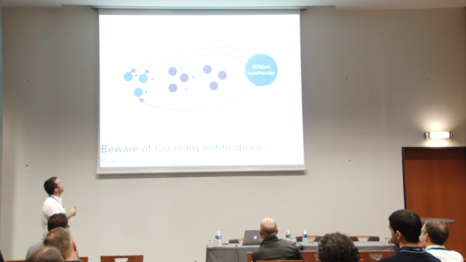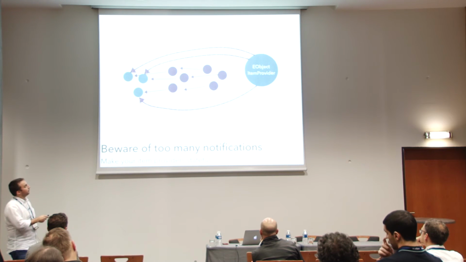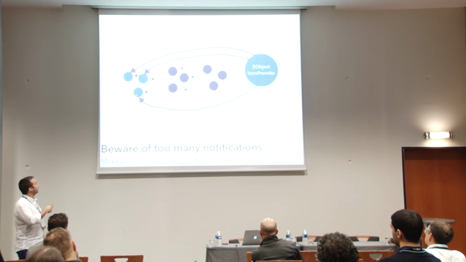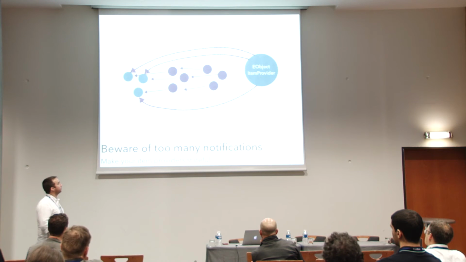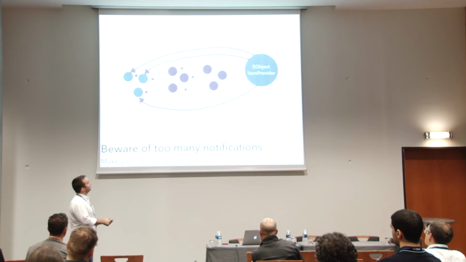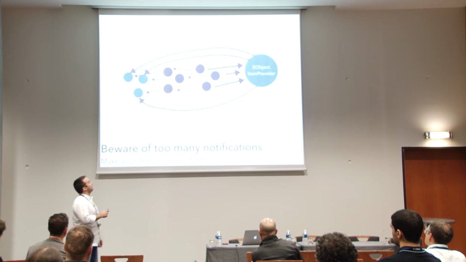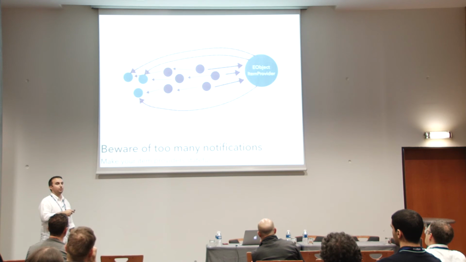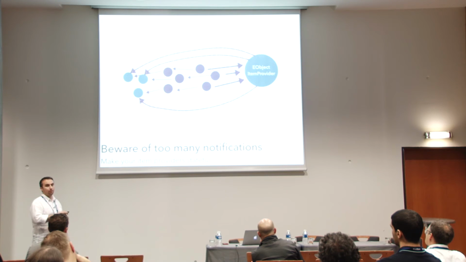So what happens when this object changes? It notifies its ItemProvider because this one has registered a listener on the element. But then, as each tree node ItemProvider is listening to the same EObject ItemProvider, I will demultiply the number of events that will be sent to the UI.